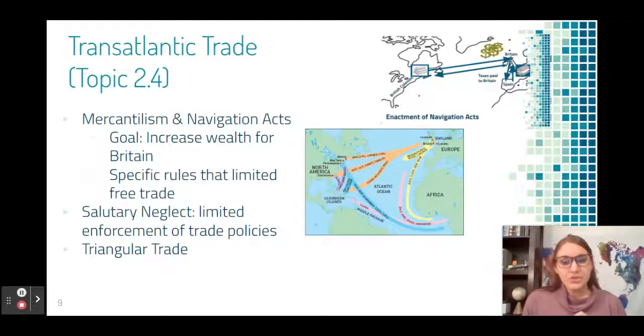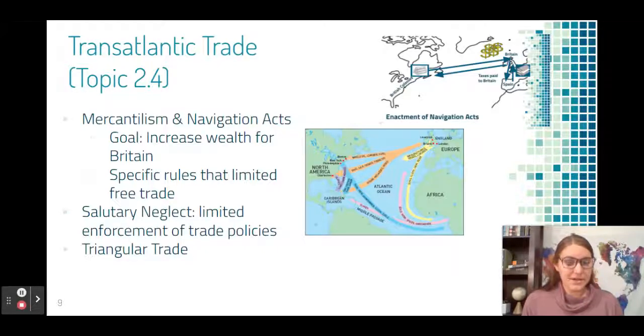All right. Topic 2.4 is really focused on economic activity. So it's going to be just focused on transatlantic trade. So there's some changes that happen in this unit where the British begin to implement the ideas of mercantilism. These ideas are centered around increasing wealth for Britain. And so they created these specific rules.